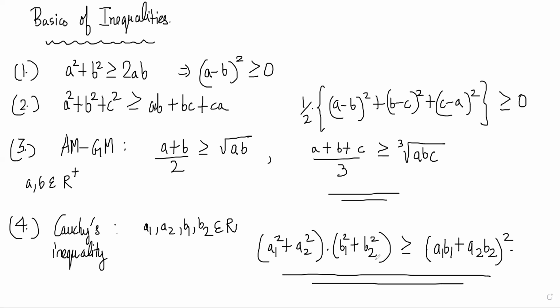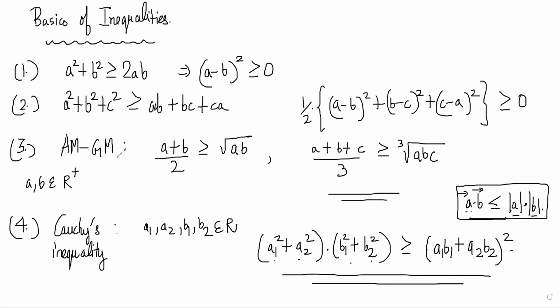For the proof of this, you can think of it as two vectors, and this inequality basically says that a dot b is less than or equal to mod a into mod b. If you think of it as two vectors a and b with components a1 and a2 for a and components b1 and b2 for b, you know from basic theory that the dot product of the two vectors will always be less than or equal to the product of their moduli or the lengths, right?